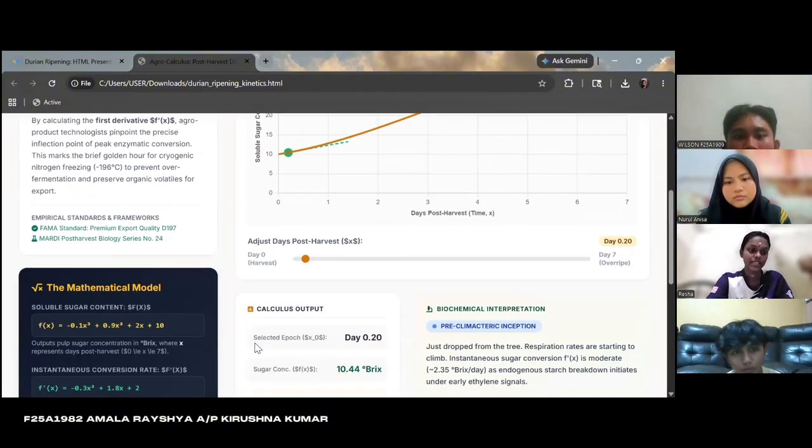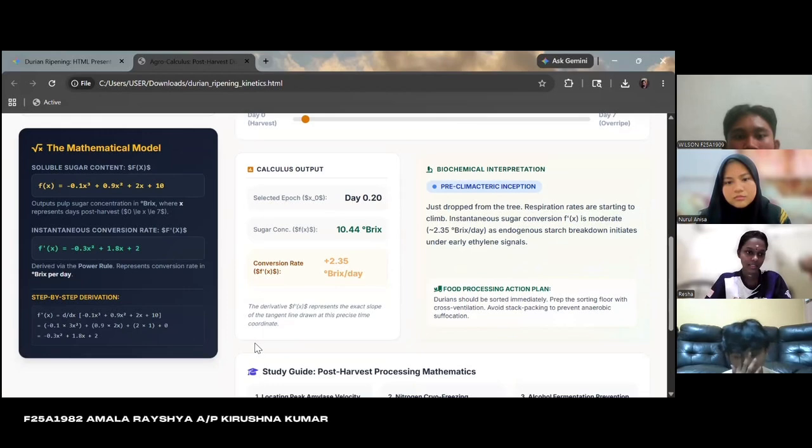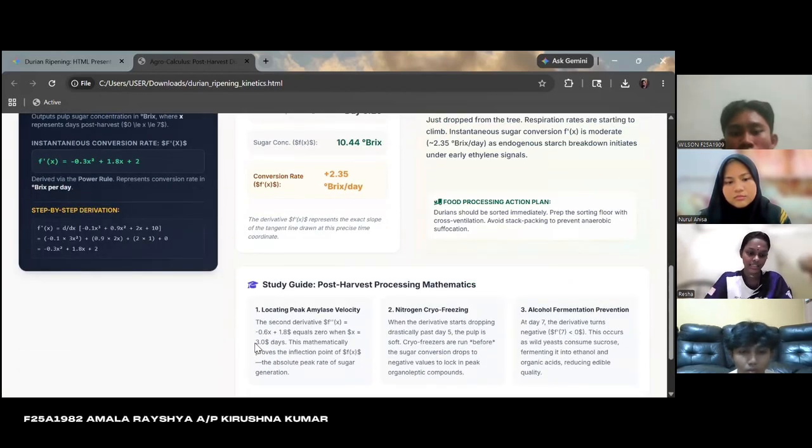So let's see the problem. We need to find the total sugar function. f'(x) equals d over dx of the function, negative 0.1x^3 plus 0.9x^2 plus 2x plus 10.